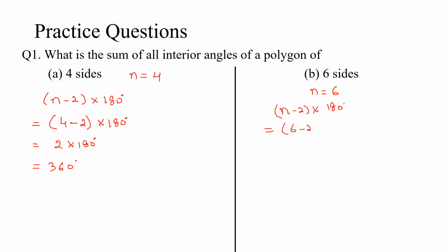So (6 minus 2) into 180 degrees, which is equal to 4 into 180 degrees. And what is 4 into 180 degrees? 720 degrees. So the sum of the interior angles of a polygon which has 6 sides will be 720 degrees.